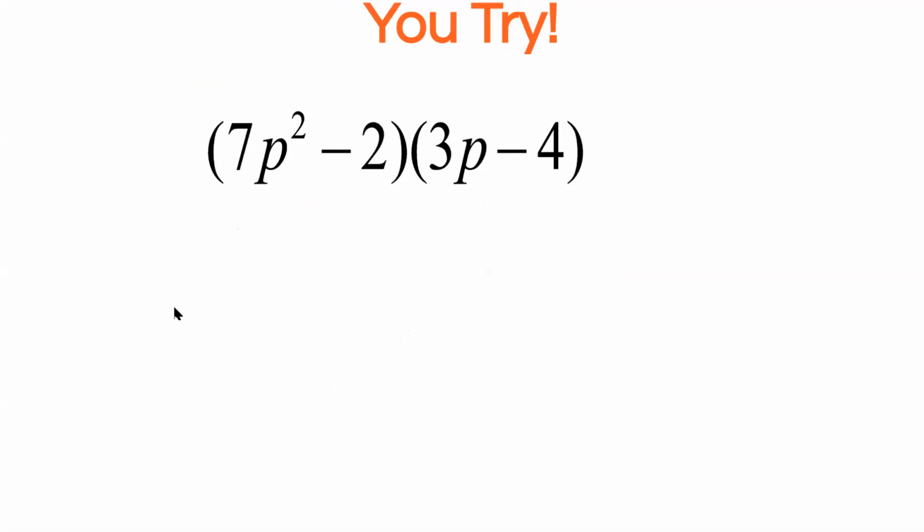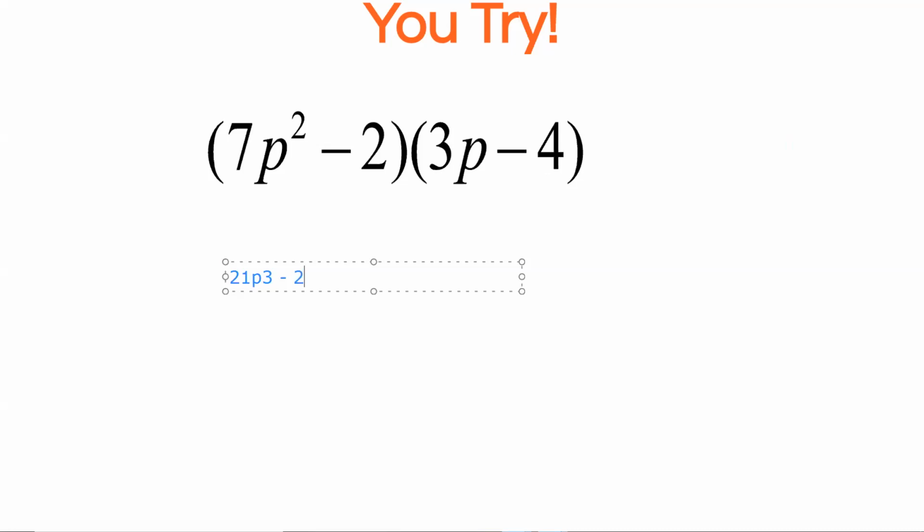Want to try this last one here before we do the box method. All right. So what's 7p squared? Our first terms is 7p squared times 3p. 7p squared times 3p is going to equal what when we multiply them? 21p to the third. Yep. And then 7p squared times -4, sorry, would be negative what?